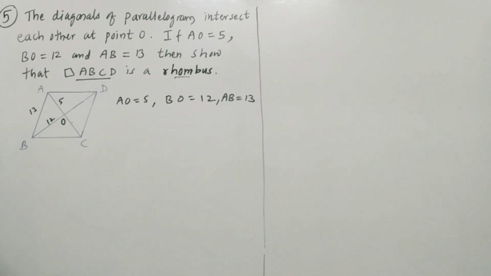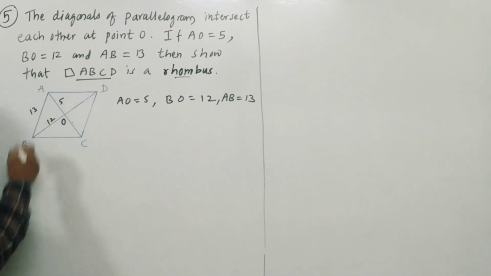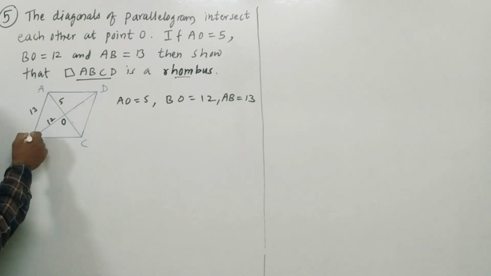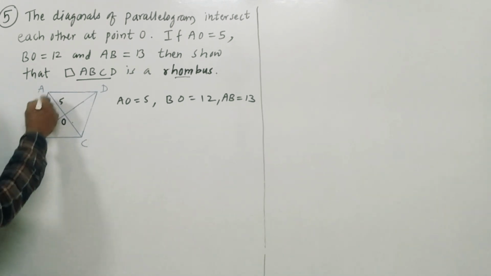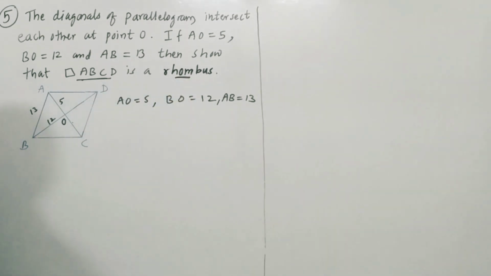Fifth example, the diagonals of a parallelogram intersect each other at point O. If AO is equal to 5 and BO is equal to 12 and AB is equal to 13, then we have to show that this quadrilateral ABCD is a rhombus.